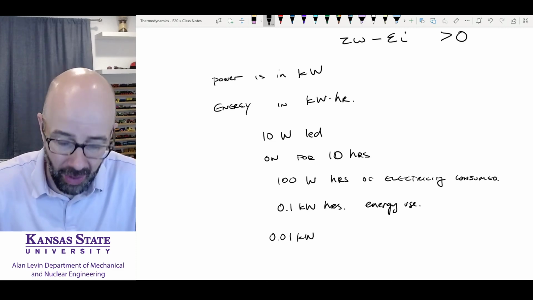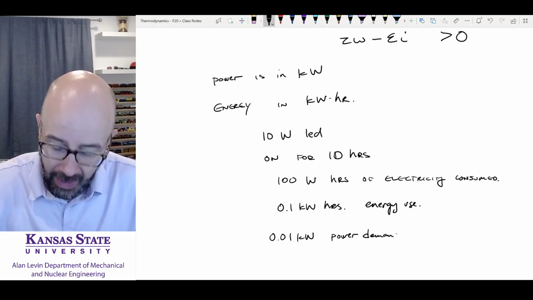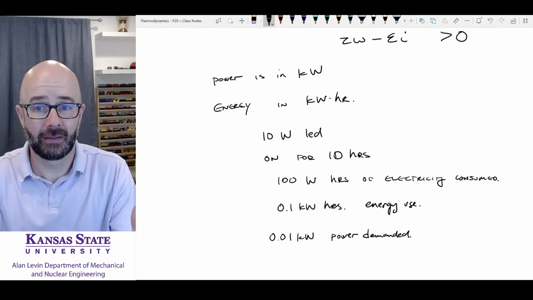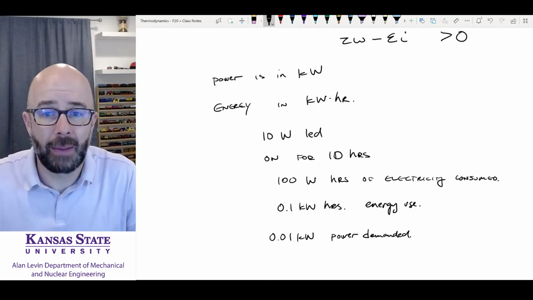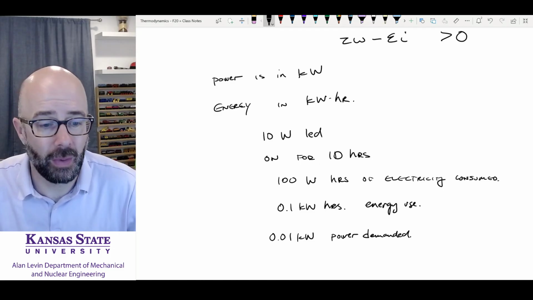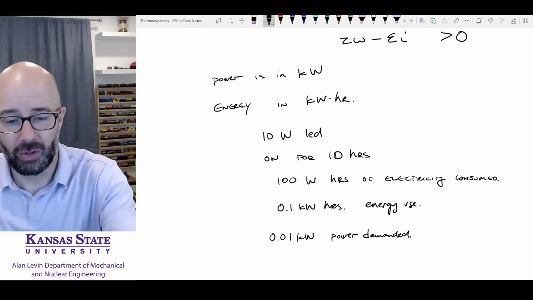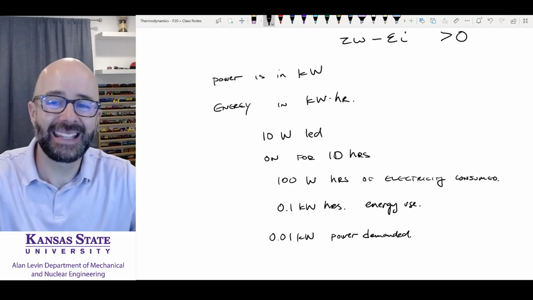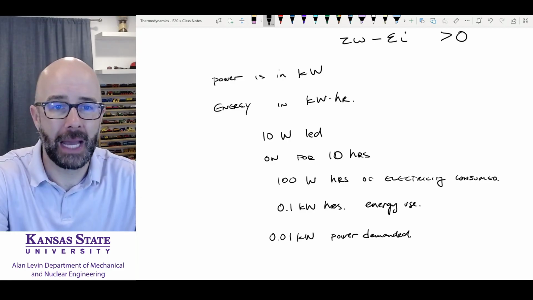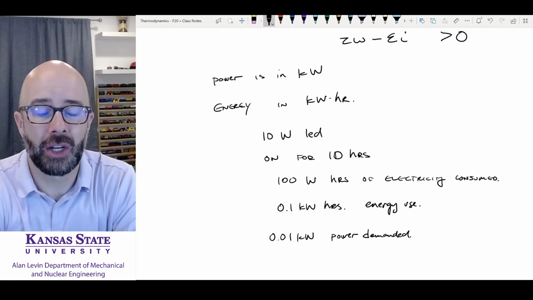This is the power demand. So we have to be able to meet that immediate demand, but then use it over time. We find out how much use we have there. And so we're going to see kilowatt hours show up from time to time when we're talking about power plants, so that idea needs to be understood.